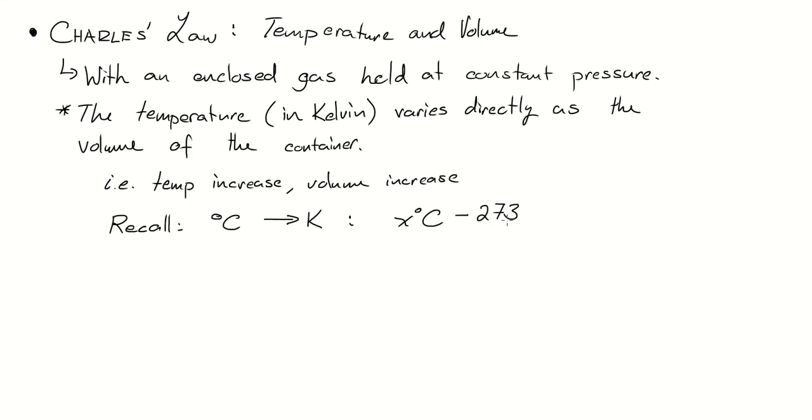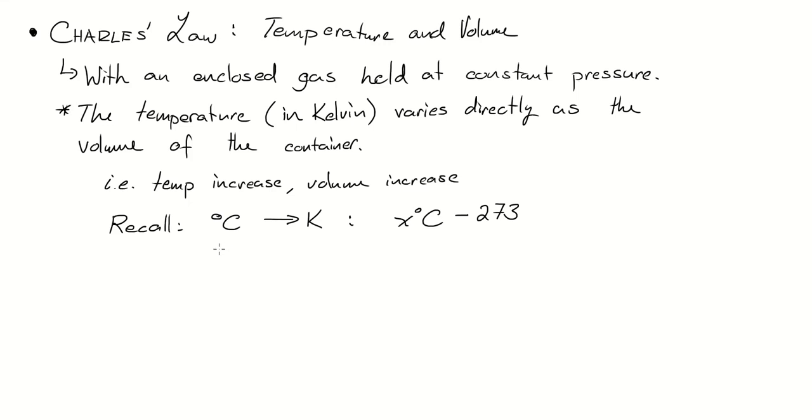And we wind up in Kelvin. So if you have 73 in Celsius, that's negative 200 Kelvin. You just subtract.